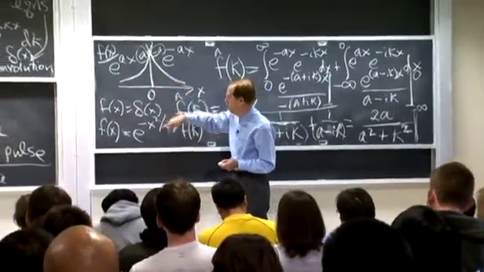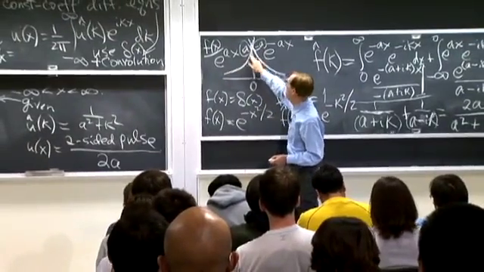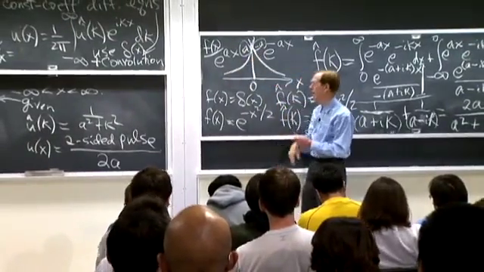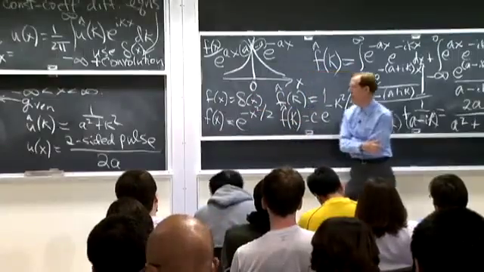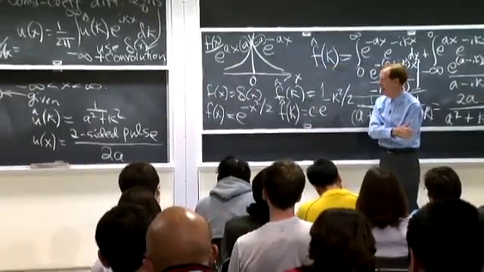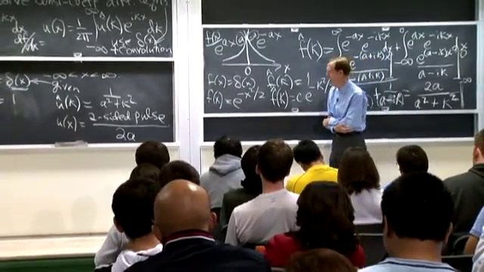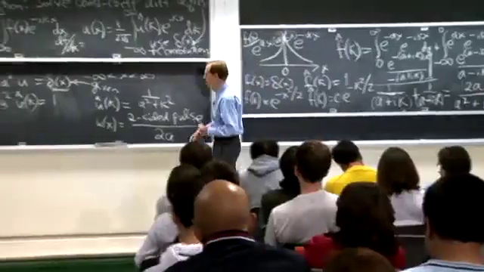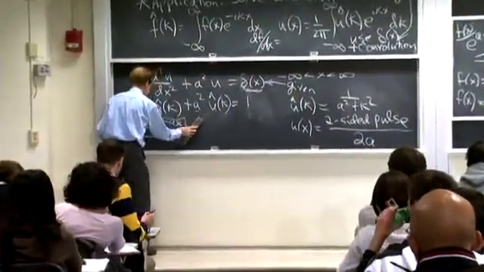Now when I divide by the 2a, this has a slope of 1/2. This has a slope of minus 1/2. The drop is 1, and we're right. It solves the equation. Nobody doubted that. Okay, so that's great. We have found the solution to this equation when the right side is delta.